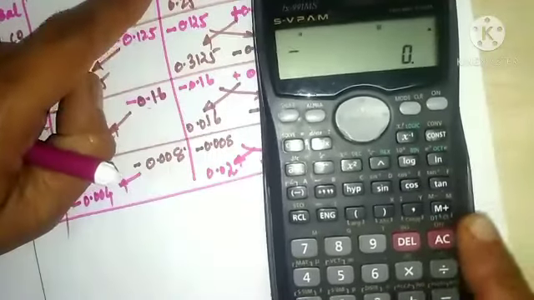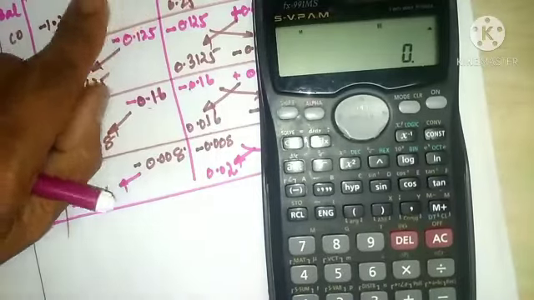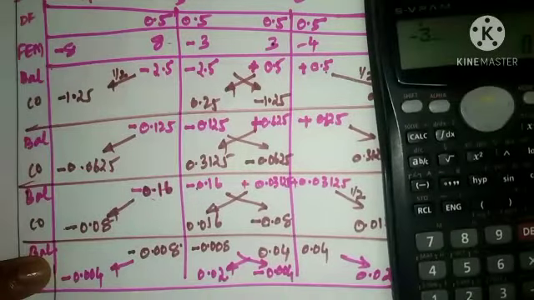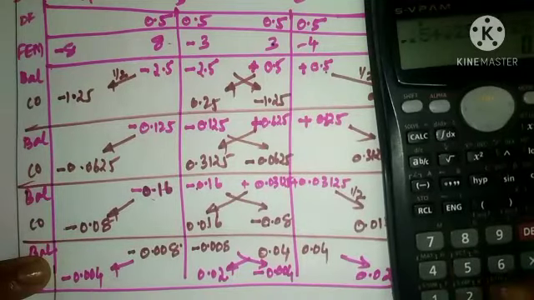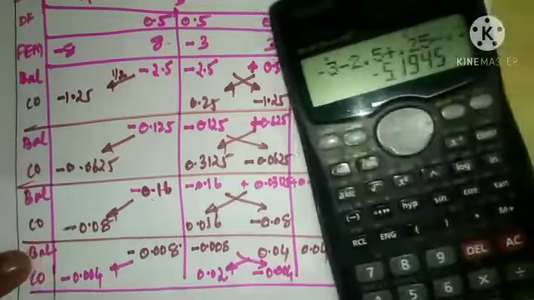Likewise, the same value you should get even on the BC portion, but with opposite sign, so that the net moment at B is 0. So when you add here, it shall be minus 3 minus 2.5 plus 0.25 minus 0.125 plus 0.3125 minus 0.16 plus 0.016 minus 0.008 plus 0.02, which will come as minus 5.19.